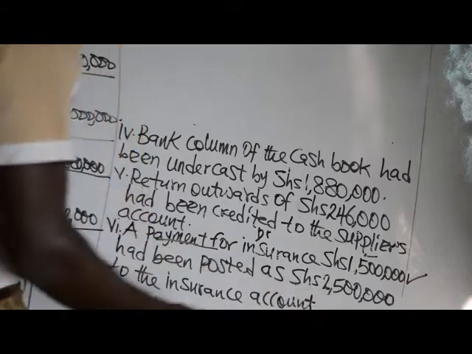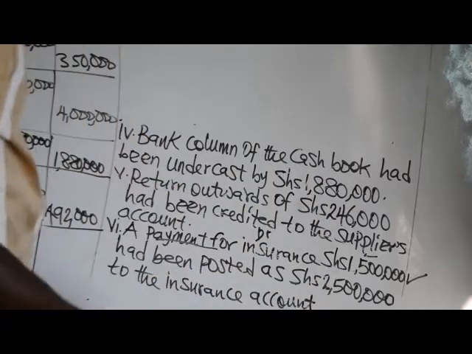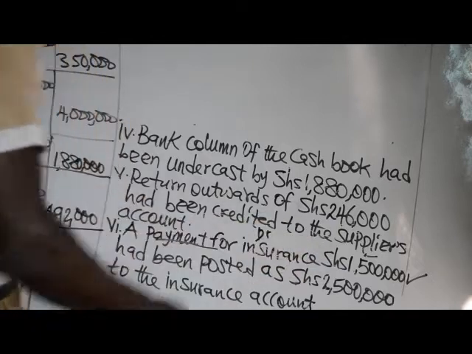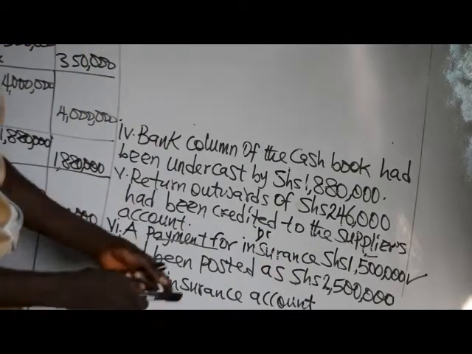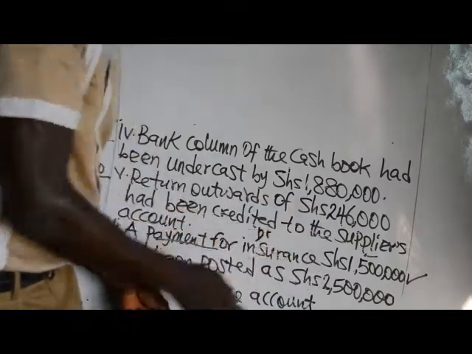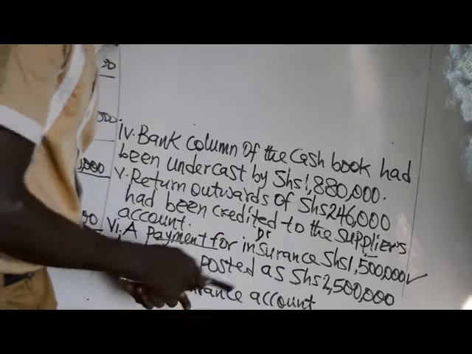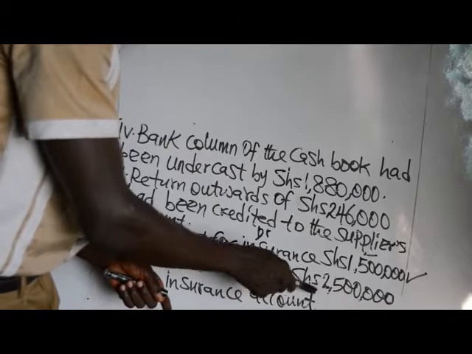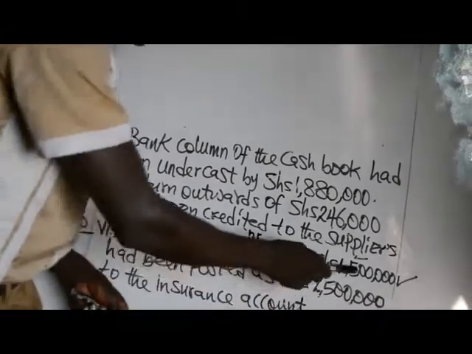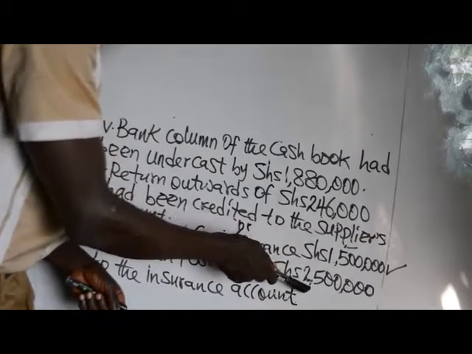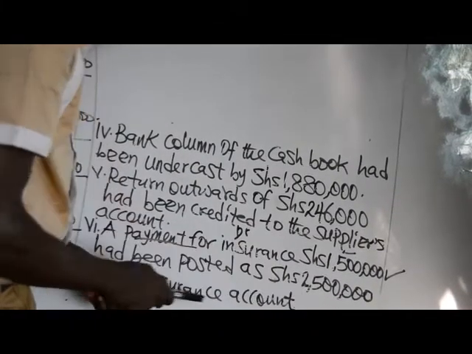That means the amount debited to the insurance account is greater than the amount it ought to have been debited. So you will need to reduce the amount at the debit side of the insurance account. To reduce that amount, you credit the insurance account with the difference, since the amount recorded at the debit side is in excess of the correct amount. So you credit the insurance account with the difference, which is 1 million, and you debit the suspense account.